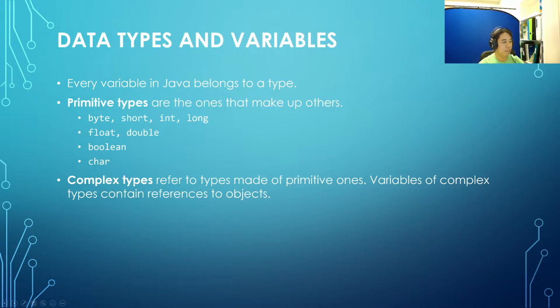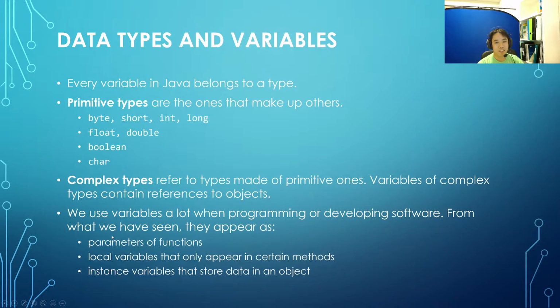So complex types are pretty much just classes and like stuff that's not primitive. So variables of complex types usually contain references to other objects. Pretty much that's what I want to say here.